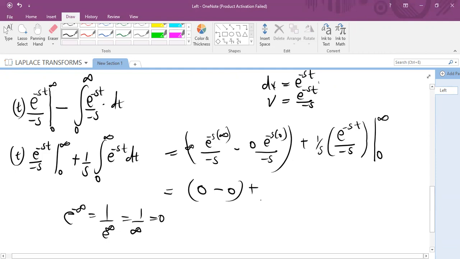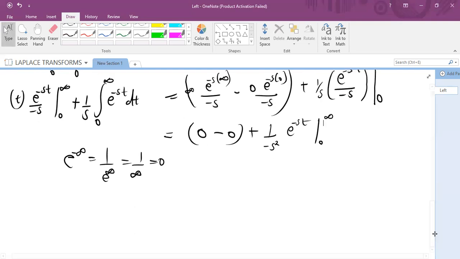So let's see, this is minus. Okay, fine. So let's replace the ranges over here. So I have 1 over minus s squared, exponential minus st, integral from 0 to infinity. Okay, fine. Replacing infinity, what do we have?